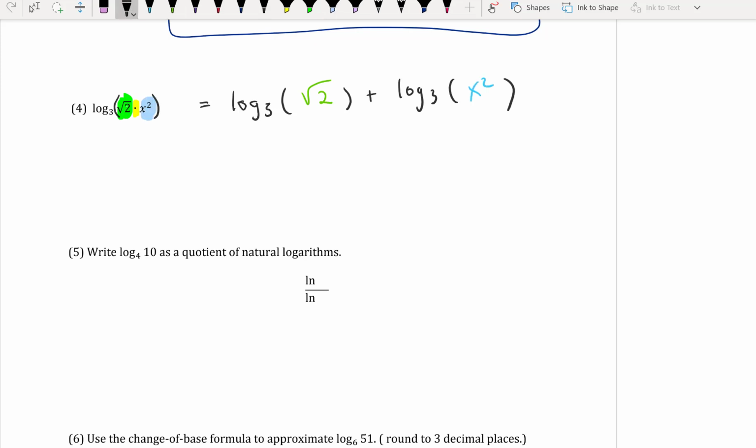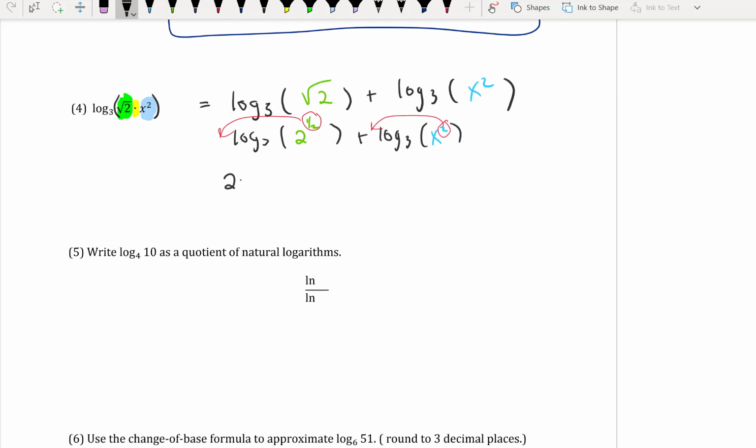So remember that if I have square root of 2, that's really 2 to the 1/2 power. So now I can use my exponent rule or my power rule that I'm going to bring out in front.